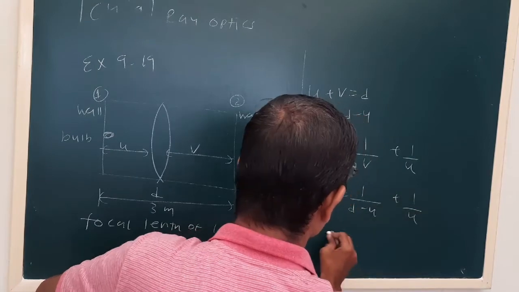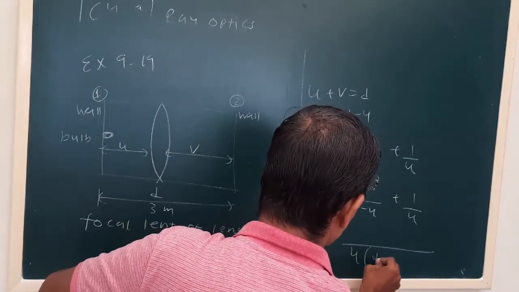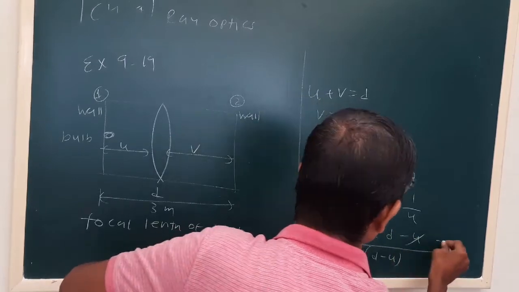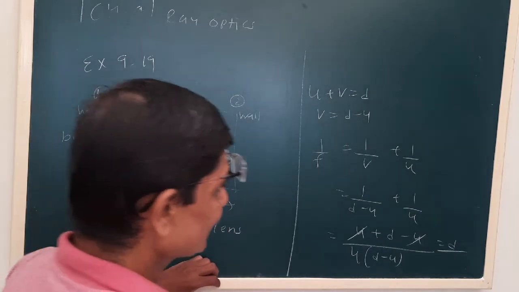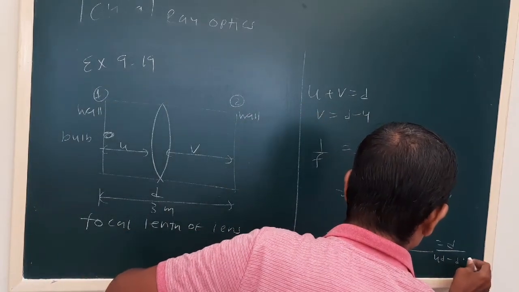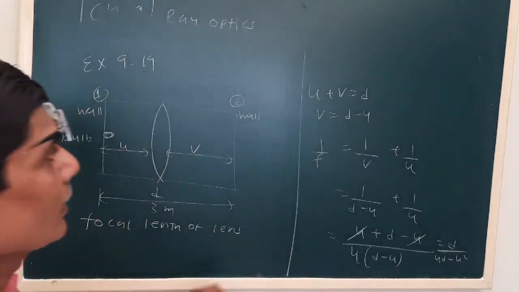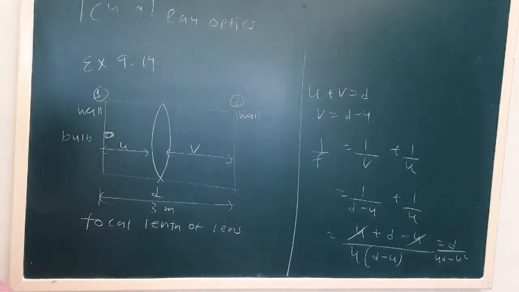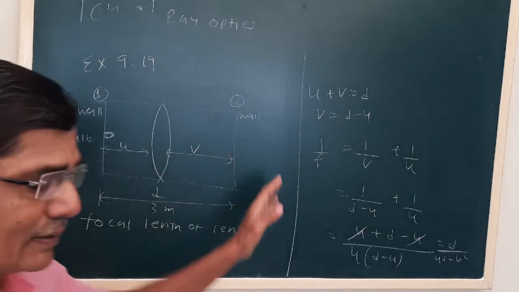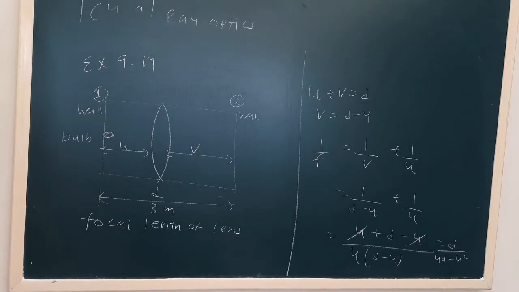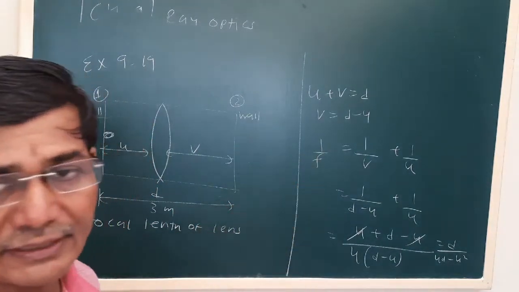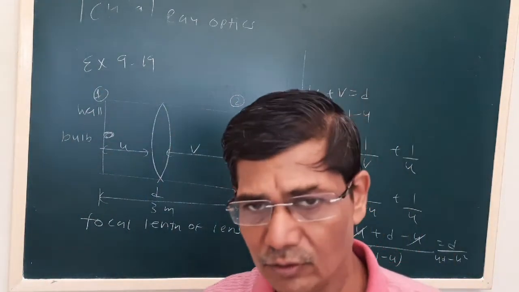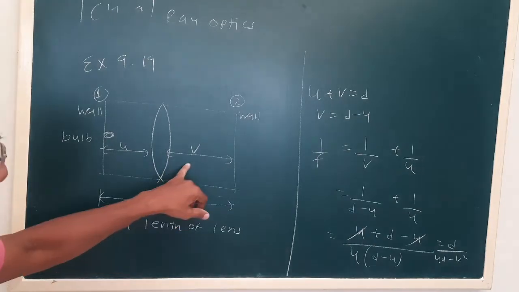If I simplify, it will be u into d minus u, and here you will have u plus d minus u, that is d over ud minus u square. Again, the object distance is u, the image distance is v, and the total distance between the object and the image is d, the distance between the two walls. Right now we try to obtain the generalized equation, then we can substitute the values. Here u plus v is d, so v will be d minus u.